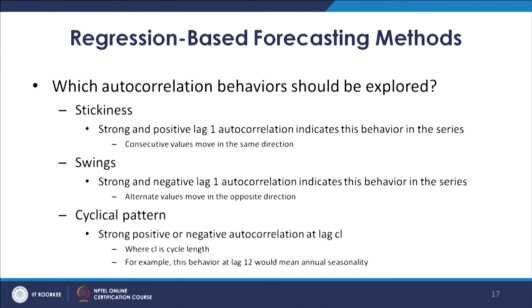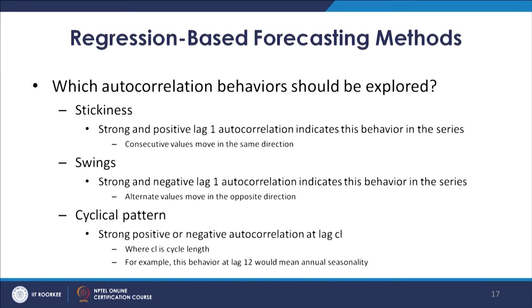The first one that we are going to discuss is stickiness. What do we mean by stickiness? It essentially means a strong and positive lag 1 autocorrelation in the ACF plot, as we saw in RStudio.